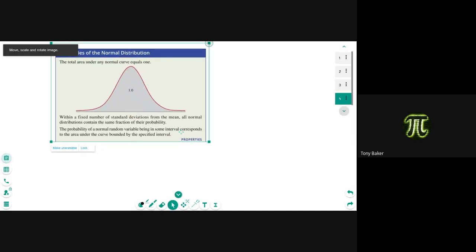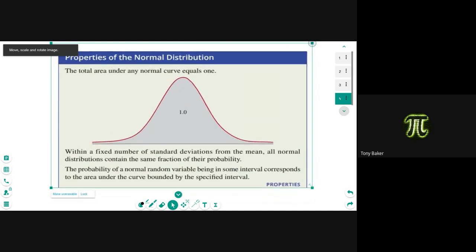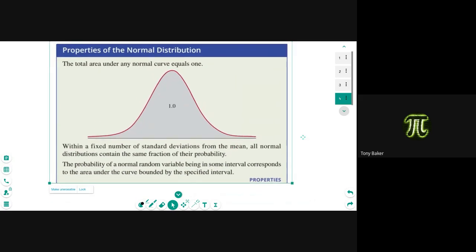Remember this? I think we talked about it in chapter 4. This is your bell curve. This is typically known as a normal distribution. You can have normal distributions that are not bell curves.